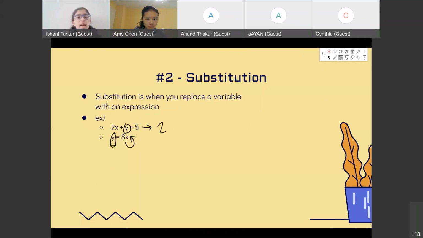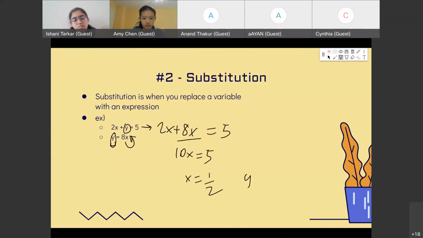So we would get 2x plus 8x is equal to 5, right? So now we would get 10x is equal to 5, which would mean x is equal to 1/2. And that would mean that y is equal to 4, which we use to find a coordinate point of 1/2 comma 4. So that is substitution.